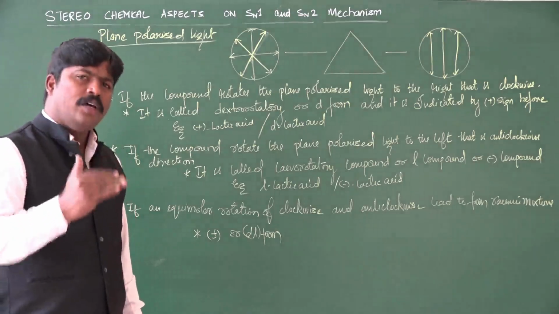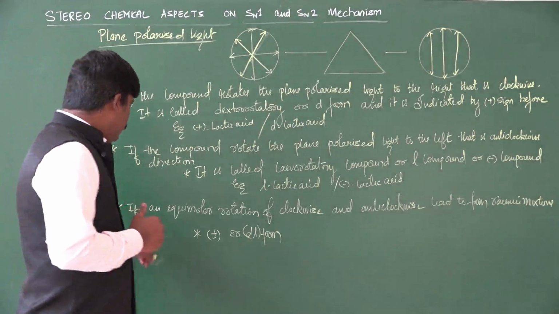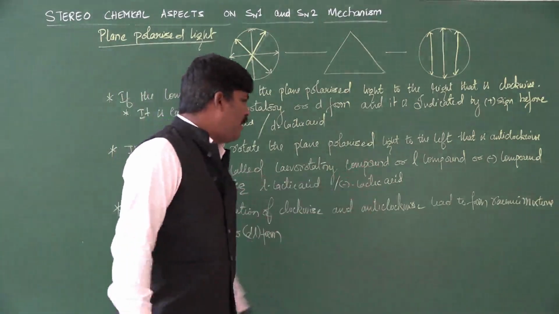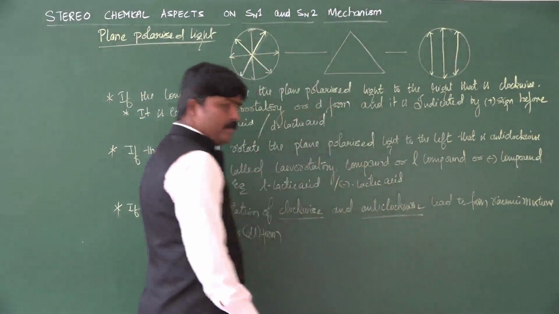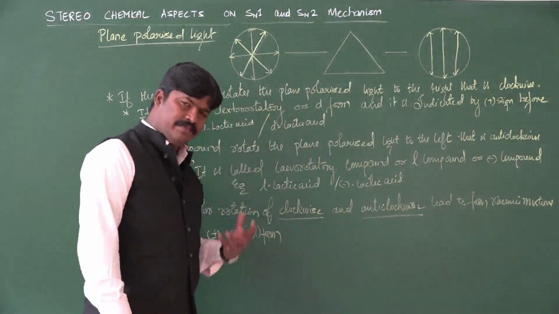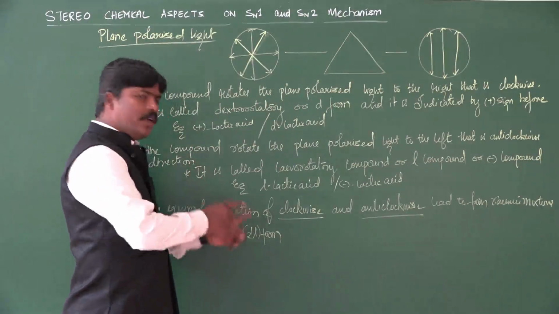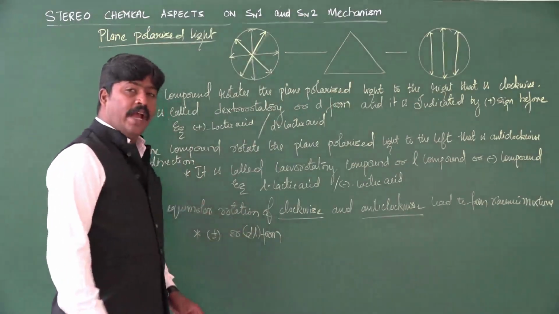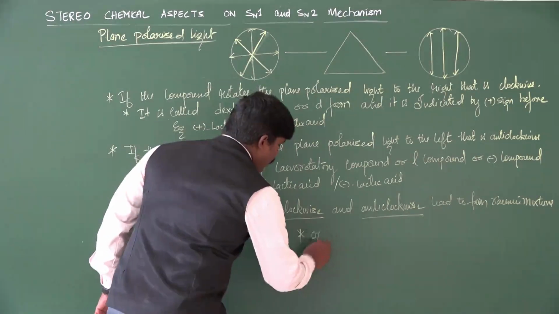Equally, both clockwise as well as anti-clockwise. Equimolar rotation of clockwise and anti-clockwise leads to form a racemic mixture, racemization, racemic mixture. Now, what happens here? We call the plus or minus in the bracket or DL form. Is it optically active? No. Racemic mixture is optically inactive.